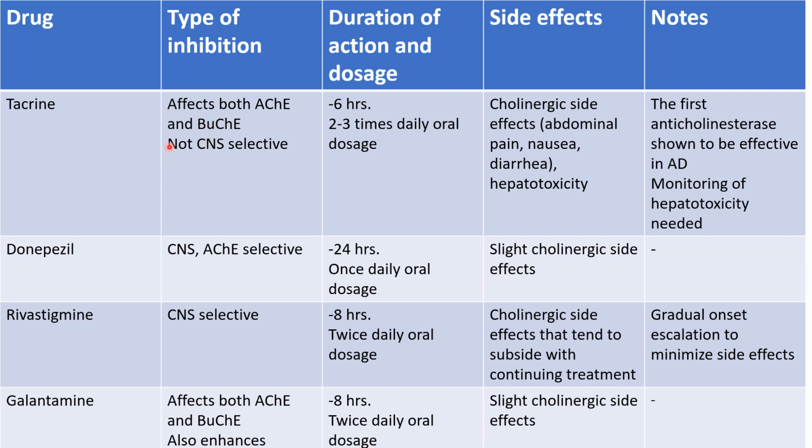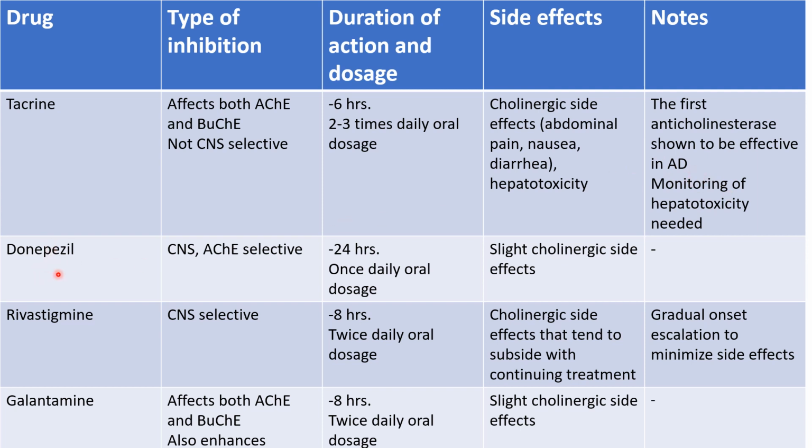So this drug is not CNS selective because it is affecting both these enzymes. It has to be given 2 to 3 times daily, and it has various cholinergic side effects as we have discussed earlier, include pain, nausea, vomiting, diarrhea, and hepatotoxicity. So this needs to be monitored in case of treatment.